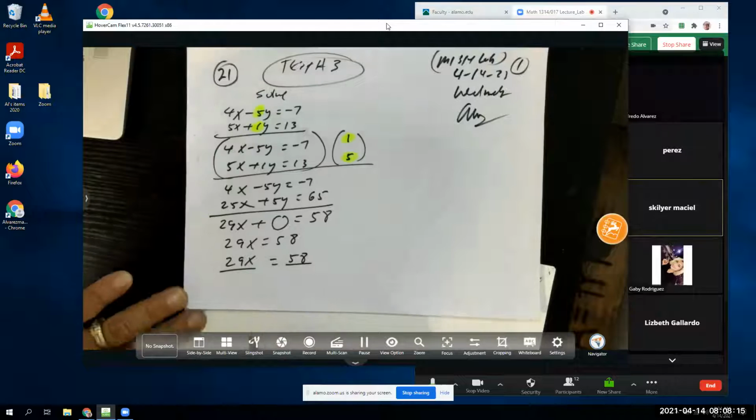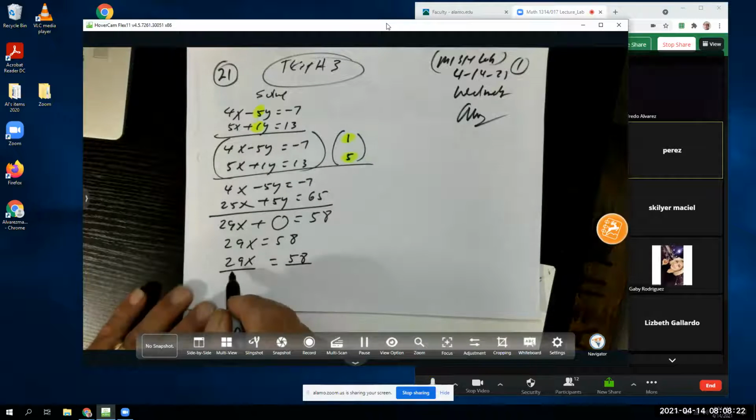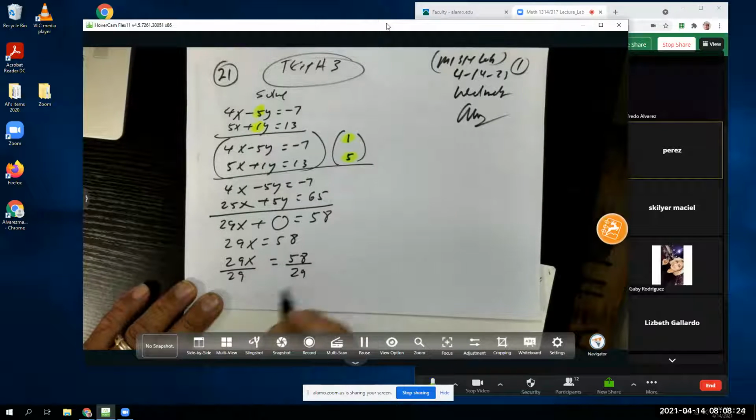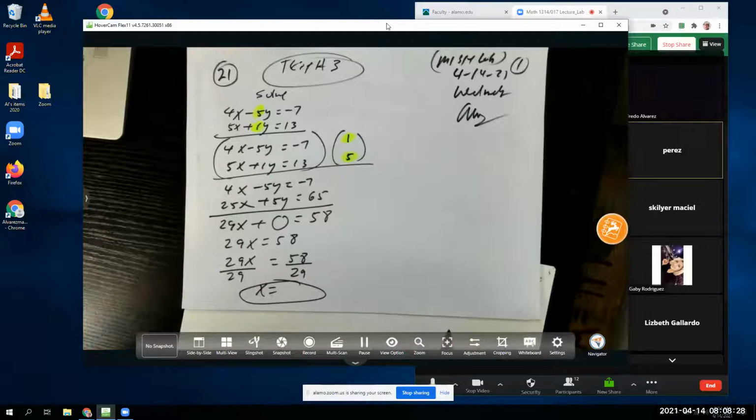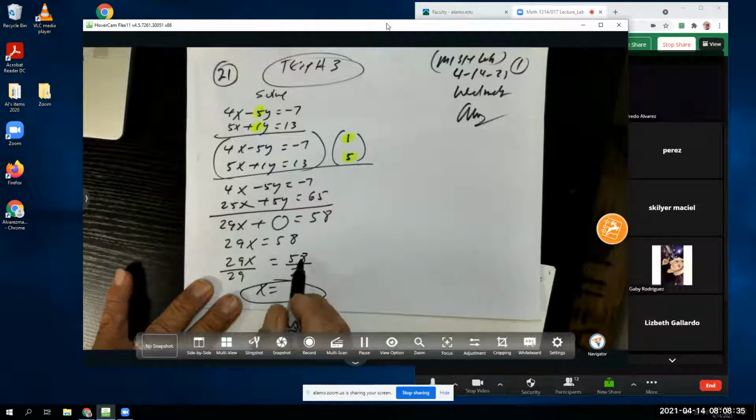You tell me. Divide by what? 29. Exactly. So x, I got one answer. What is x going to be? Calculator. What is it? 58 divided by 29 is how much? 2. Is that right? 2.